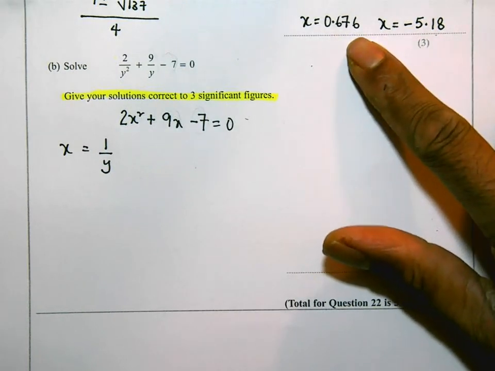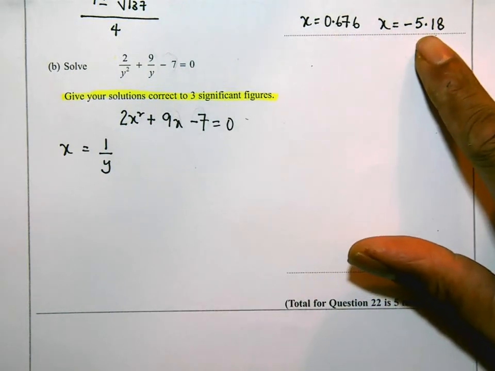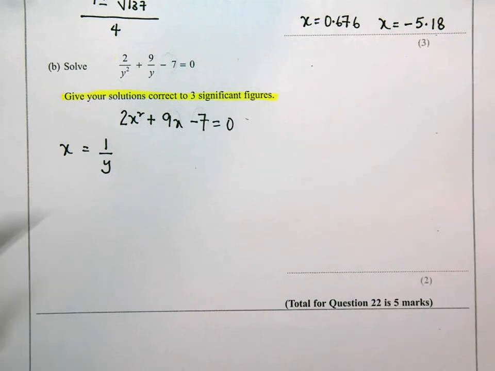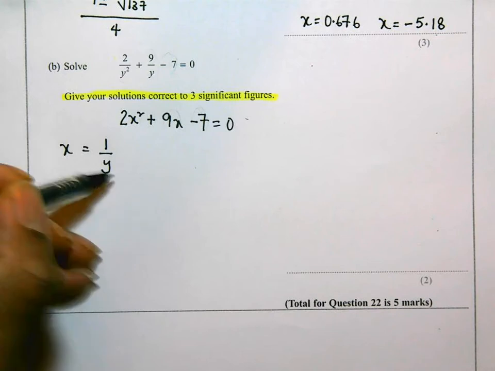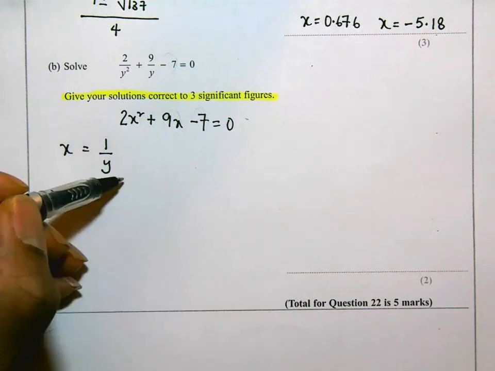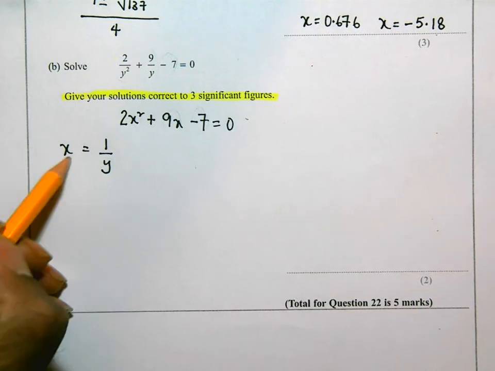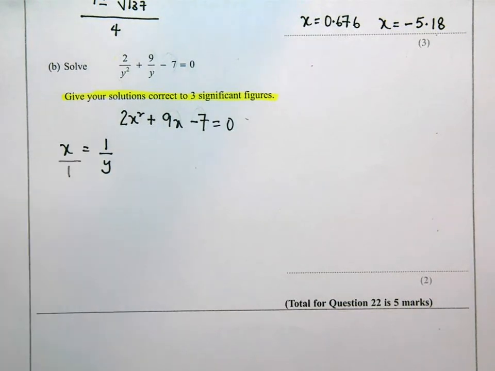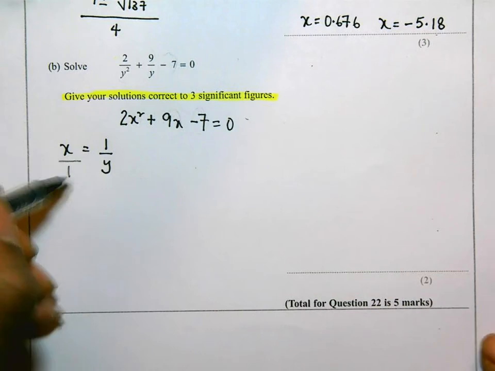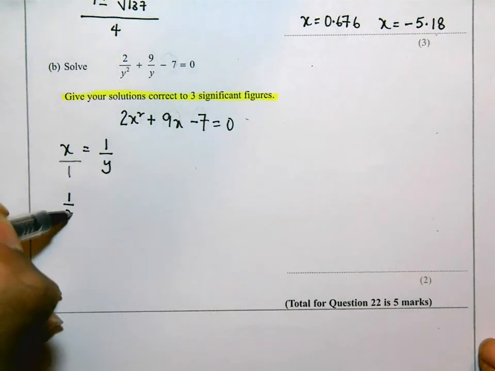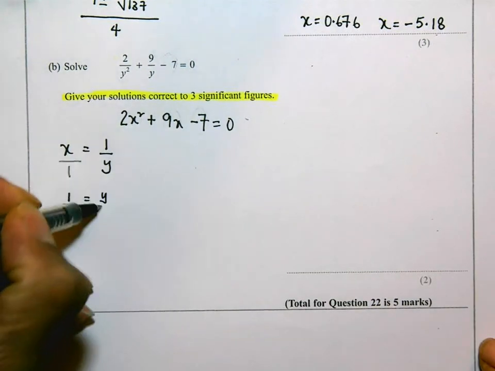So to work out what y is, I just need to rearrange this, and what I could do is flip both sides. x is the same as x over 1, so if I flip both sides, I'll get 1 over x is equal to y over 1. In other words, y is equal to 1 over x.